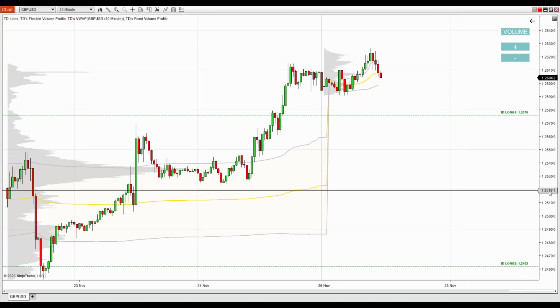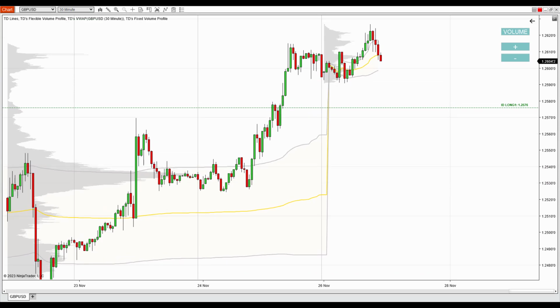In here, I want to talk about this newly formed support, which is in here. I published it yesterday in the members area, and the support is at 1.2576, and it is based on a volume profile setup, which is called the trend setup.